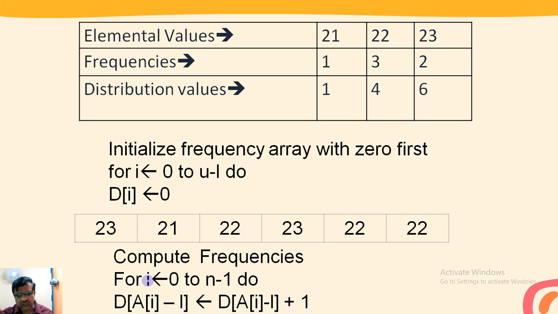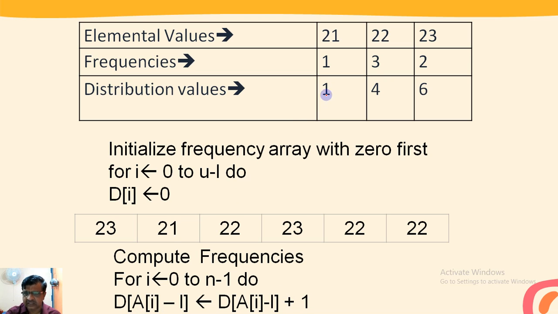Now this will help to calculate the frequencies. The frequency is to be calculated for every element, therefore for i equal to 0 to n minus 1. The first element is 23, a of i is 23, and 23 minus l, the lower limit, which is 21, is 2, therefore d of 2 will be equal to d of 2 plus 1; earlier it was 0 because we initialized it, 0 plus 1, 1.